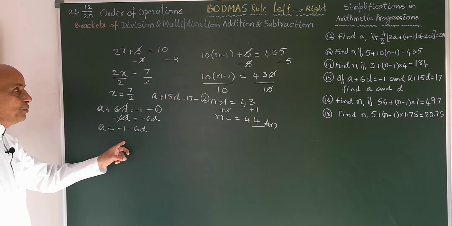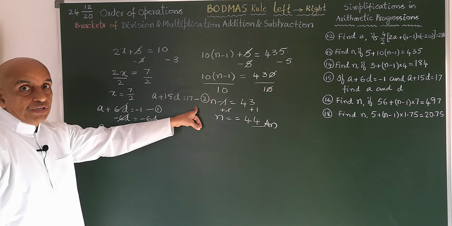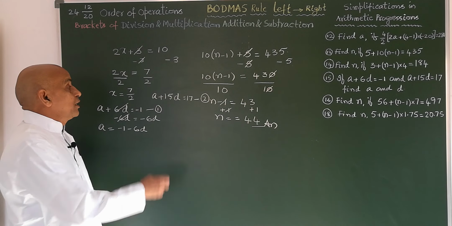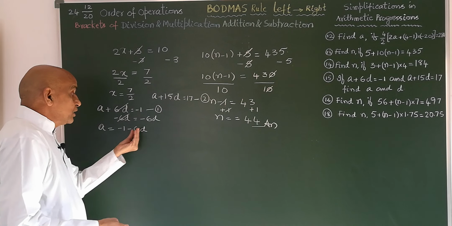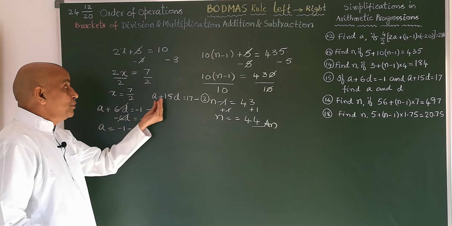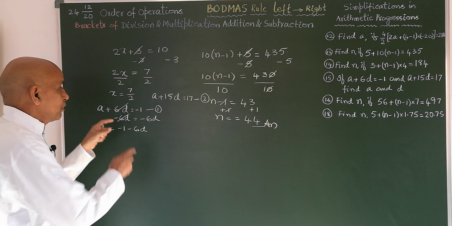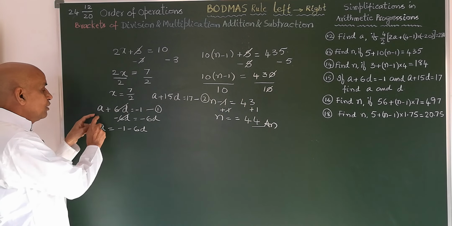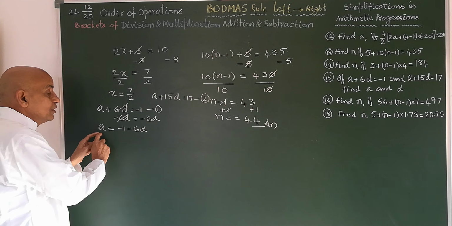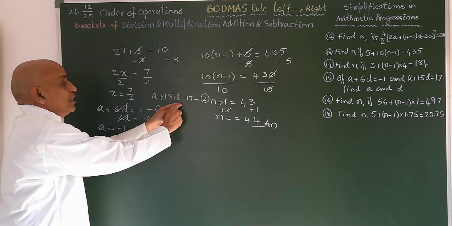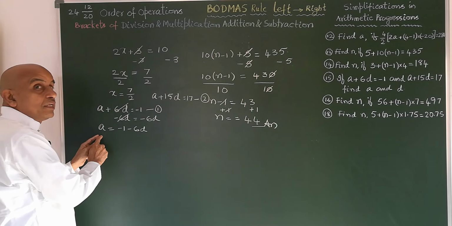Now this value we will substitute in the second equation. That means we are eliminating one unknown with the other unknown. Okay, elimination by substitution. From the first equation we have calculated the value of a. Now by substituting this value of a in the second equation, we are eliminating a.